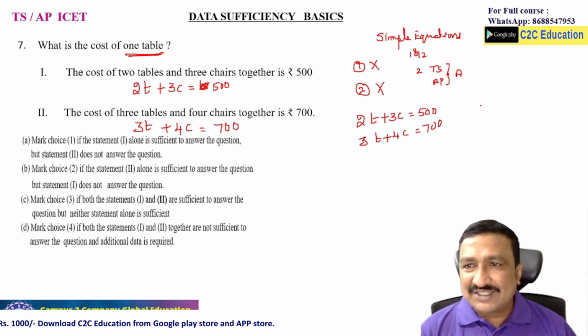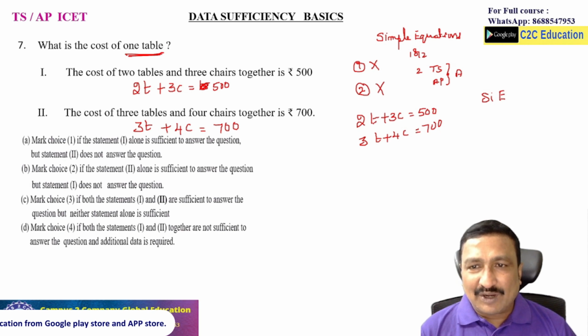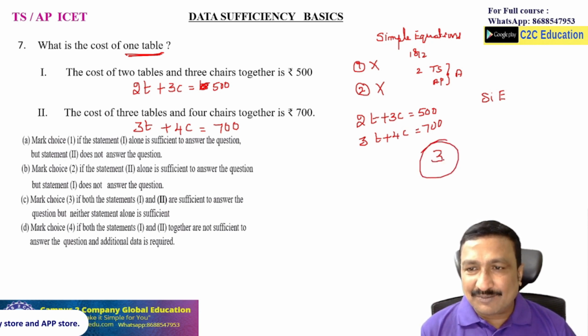So according to your simple equation basics, there are 2 different variables and 2 different equations. We can find out the cost of table and cost of chair. So directly you can keep the answer as the third option if you are very good in subject knowledge.